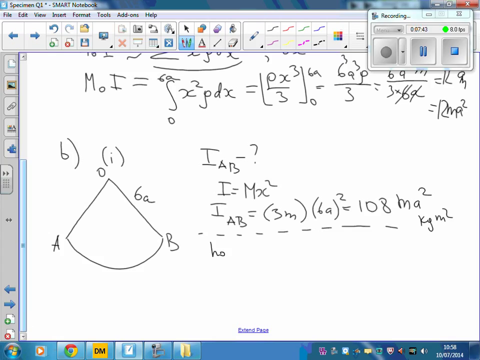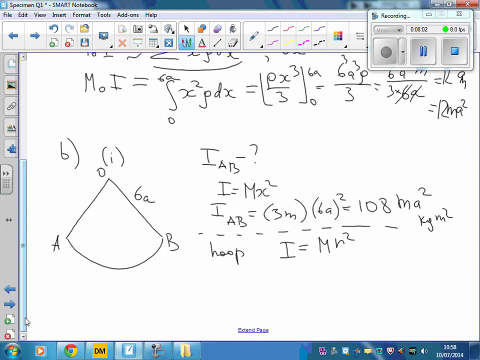An alternative way is to use the formula for the hoop from the formula booklet. The moment of inertia for a hoop of radius r is the mass of the hoop multiplied by r squared.